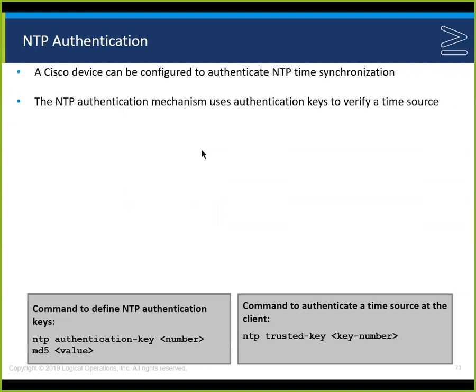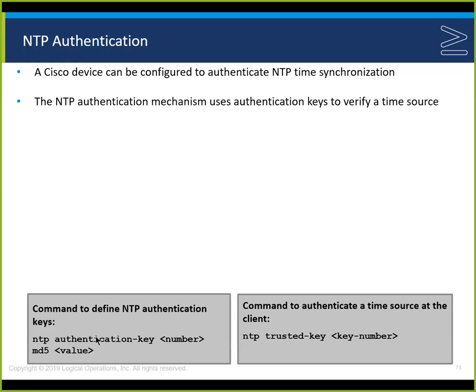We can use authentication to ensure that we are taking time from our trusted devices. For NTP authentication, we create keys here. The NTP authentication key is going to be on the device, and then the trusted keys to authenticate the time source at the client.